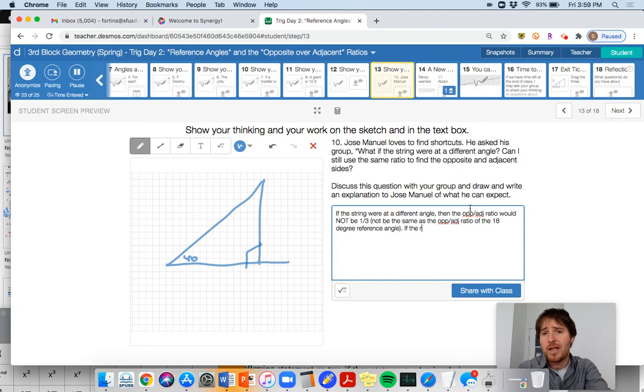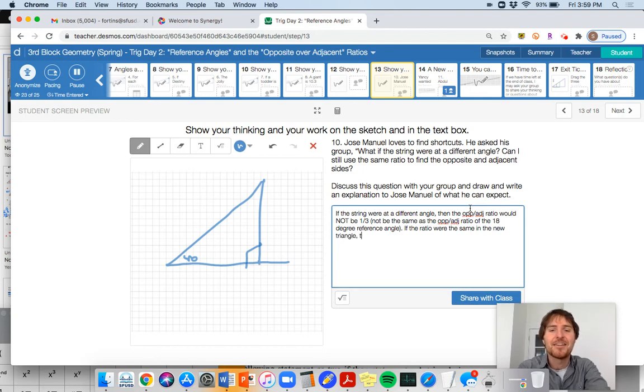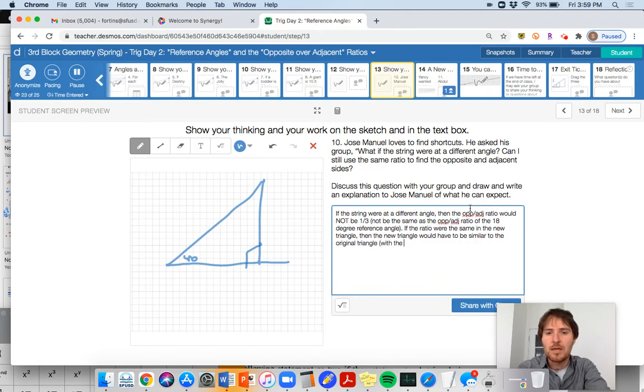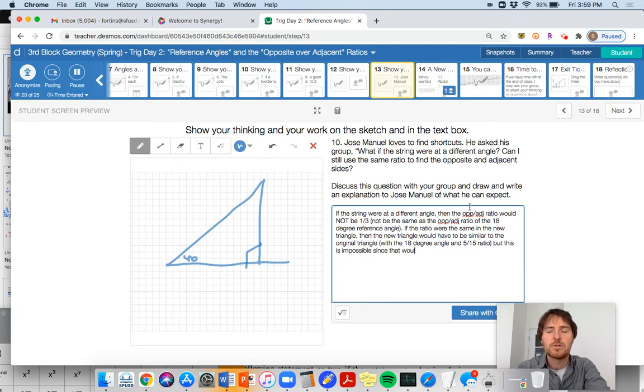As we discussed in the previous slides, if the ratio were the same in the new triangle, then the new triangle would have to be similar to the original triangle with the 18-degree angle and 5-to-15 ratio. But this is impossible, since that would mean the reference angle would have to be 18 degrees.